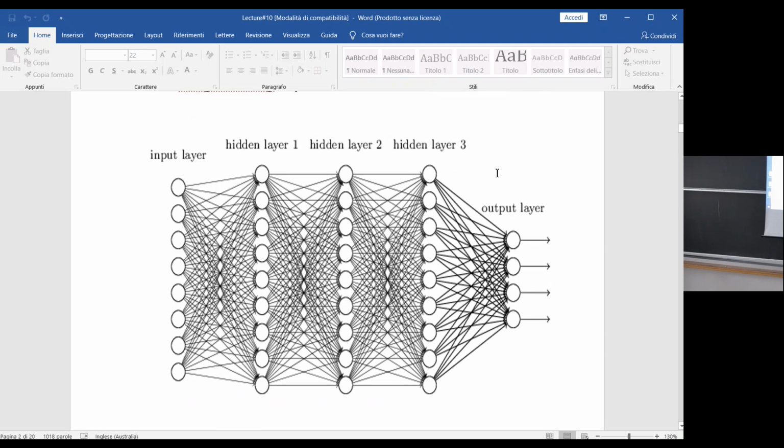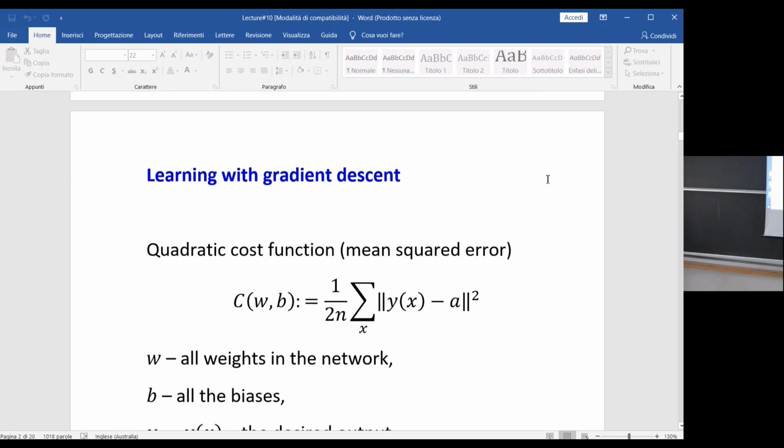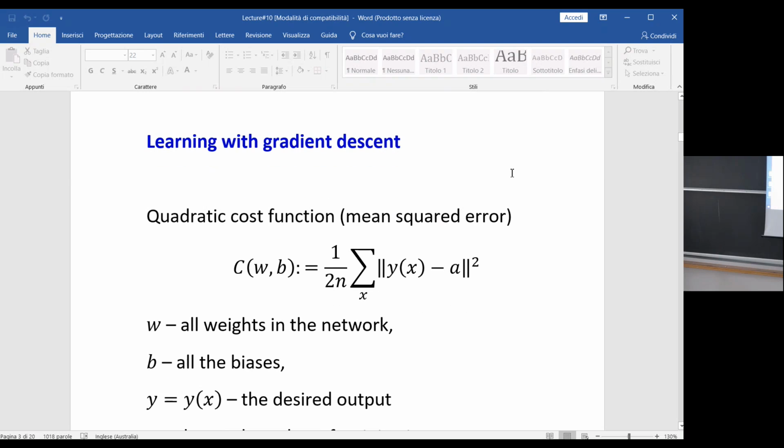Then we studied the methods to train this neural net, learning. So first of all, we said that we should train our network with the gradient descent method.